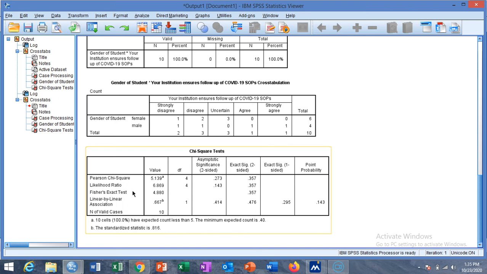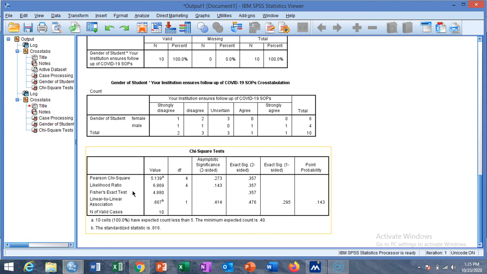But in case of more than two categories on either attribute, you need to perform Pearson chi-square test for relatively larger sample size, and Fisher exact test for relatively small sample sizes, or when the frequency in at least one cell is less than 5, then we opt for Fisher exact test instead of Pearson chi-square test.